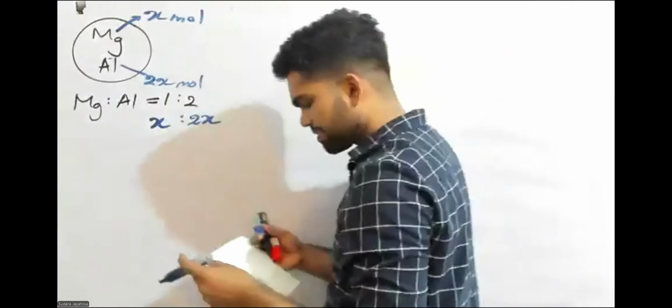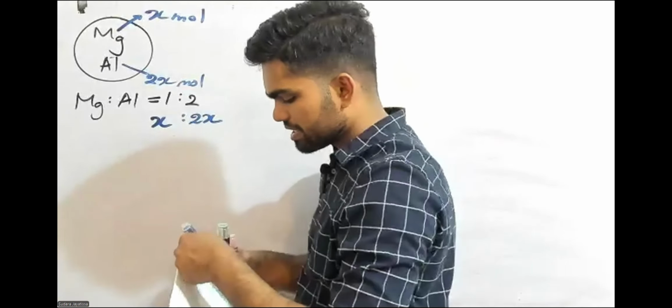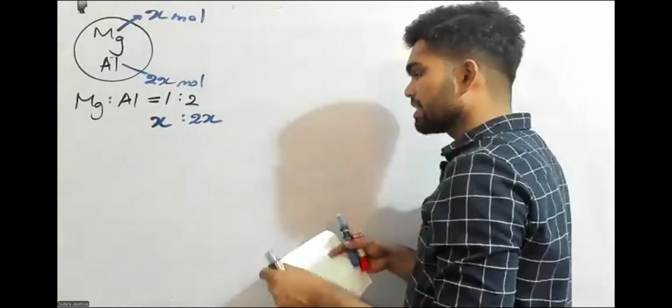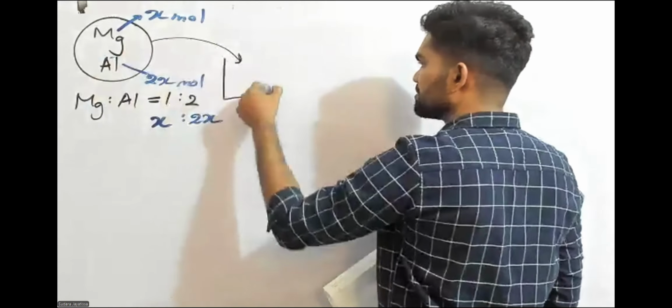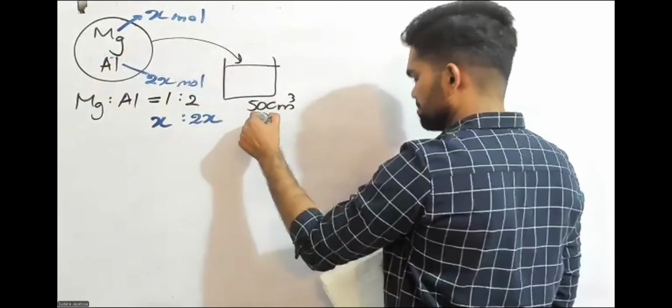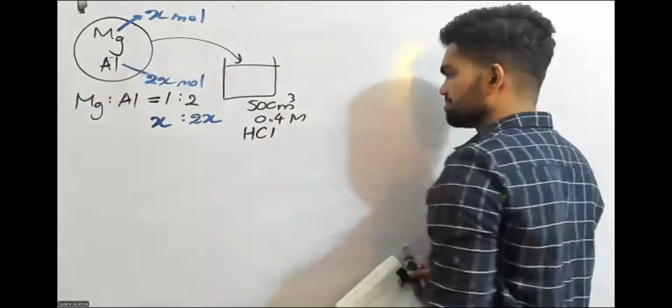Then it says we are reacting that one with 50 cubic centimeters of 0.4 M HCl solution.